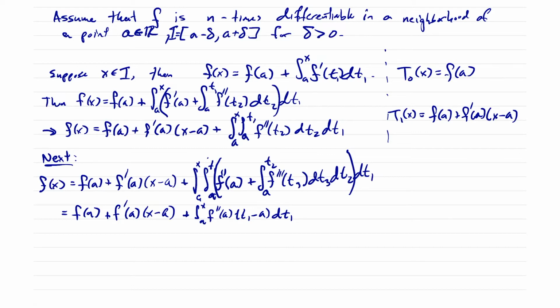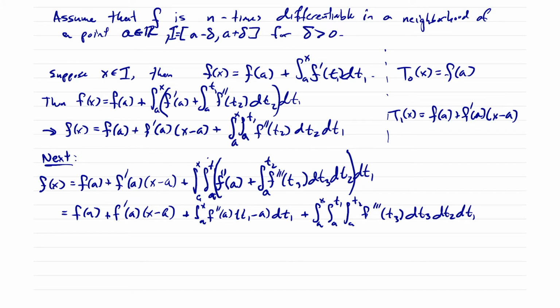No, that's right. Okay, sorry. dt1, plus now the integral from a to x, the integral from a to t1, and the integral from a to t2 of f triple prime of t3, dt3 dt2 dt1. All right.